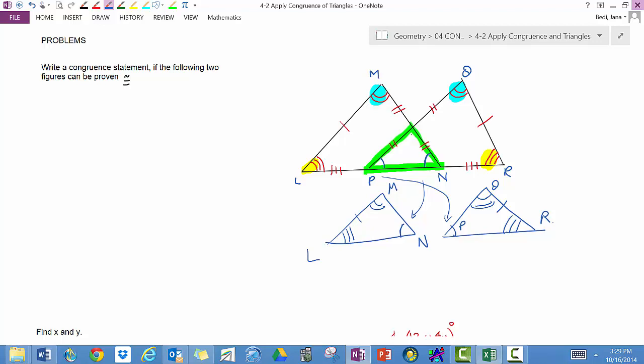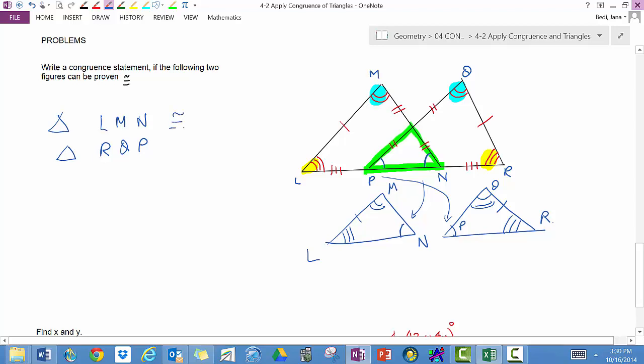So therefore, if I want to write my congruency statement, all I do is I line up the congruent angles: L, M, N, and in the other triangle L is congruent to R, M is congruent to Q, and N is congruent to P. So we write the congruency sign. So that's a congruency statement.